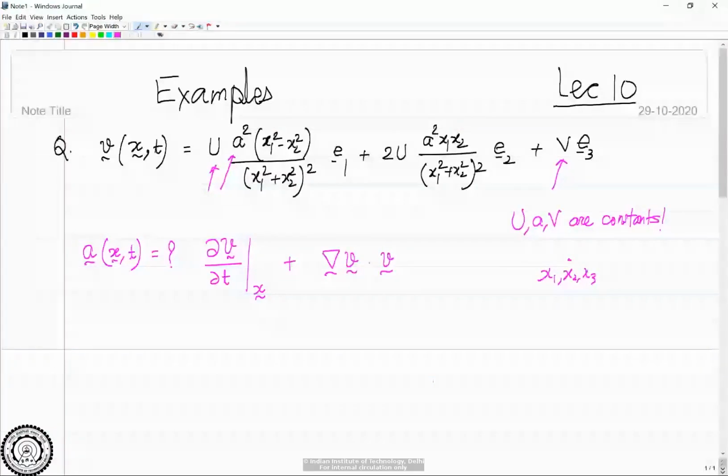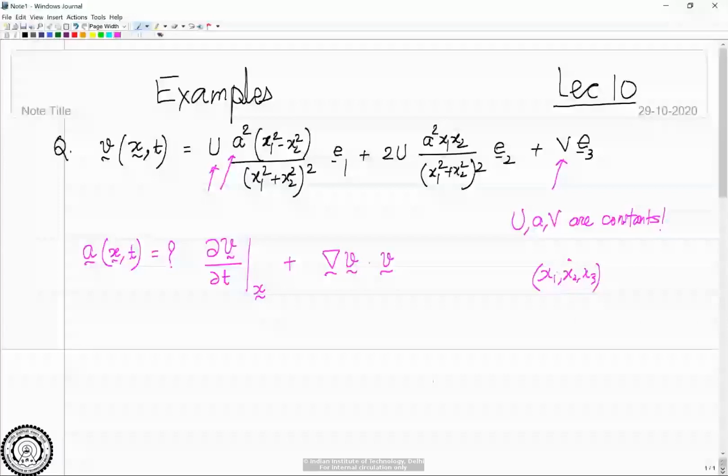Does it mean that acceleration is zero? We'll just have the convective acceleration term. Exactly. So it will be convective acceleration. So it's not zero because when I fix a small x1, a small x2, a small x3, I'm not fixing the particle.